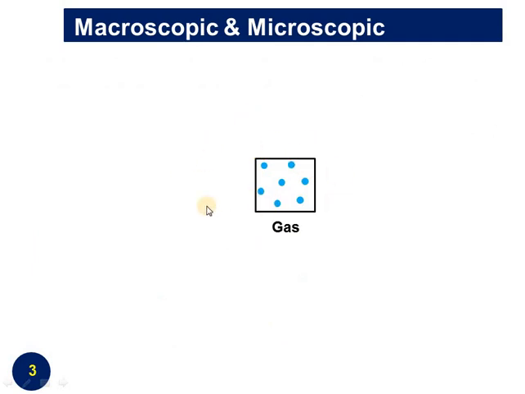Suppose in this portion we have a substance which is gas, and these are the molecules of the gas. These molecules have different type of energies, and due to which they do random motions. So if we zoom this volume, we can see the molecules are moving here and there randomly in a zigzag manner and exchanging their energy by colliding with each other and with the system wall.